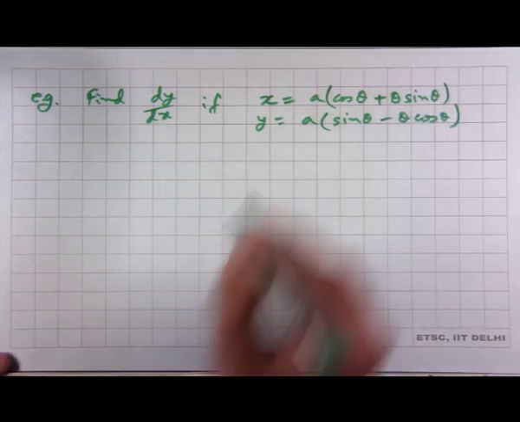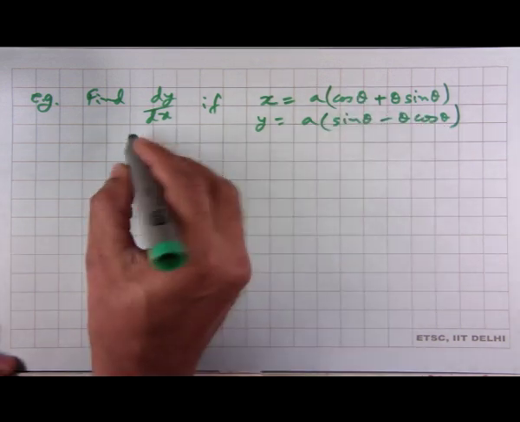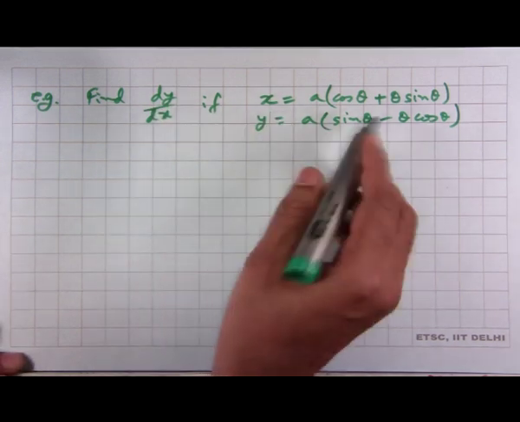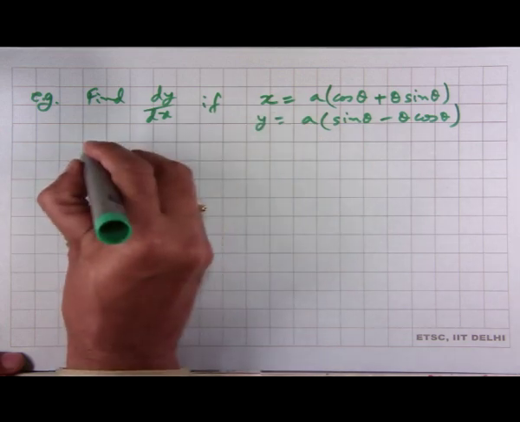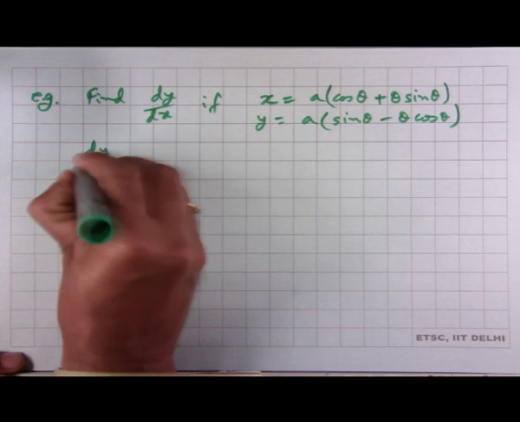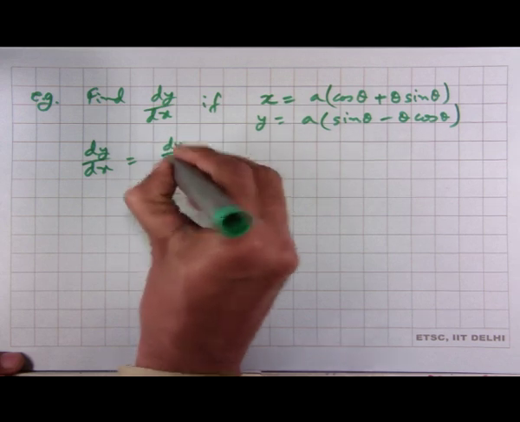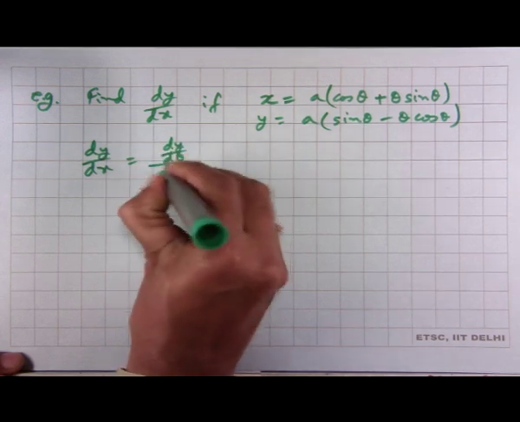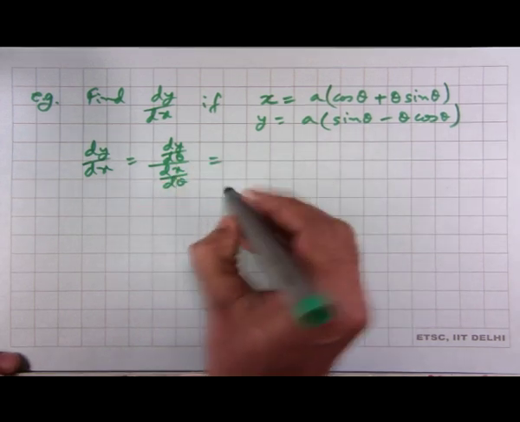So, here x and y are given in terms of the parameter theta. So, to find dy dx, we need to find the derivative with respect to theta. So, dy dx is equal to dy d theta by dx d theta.